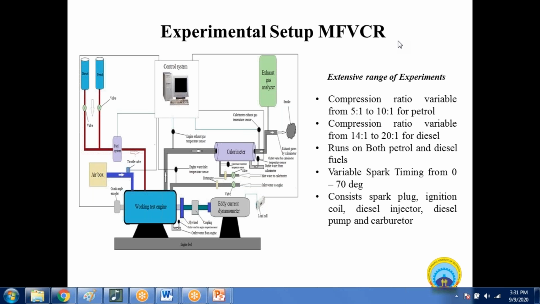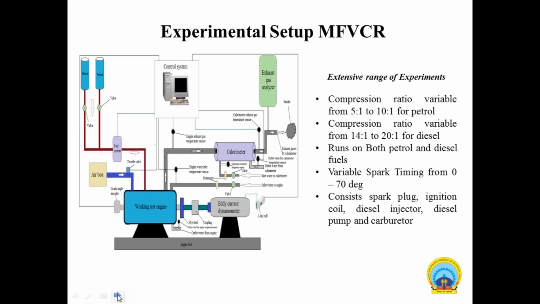After that experimental work, I have to do some simulation in Diesel-RK for validation, so for that I have to know some input parameters. This is very advanced research equipment, used only by PG and PhD students. The engine is not for UG students. Yes, next.